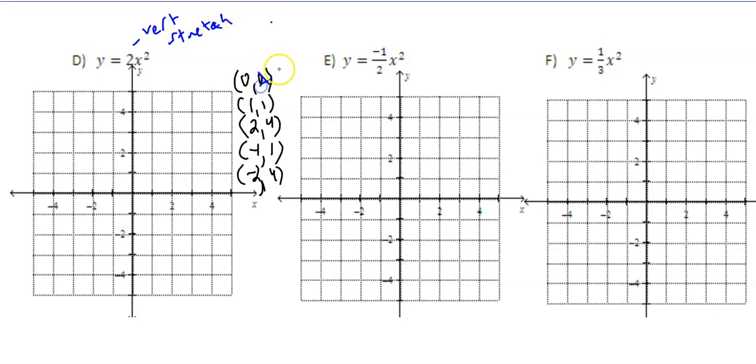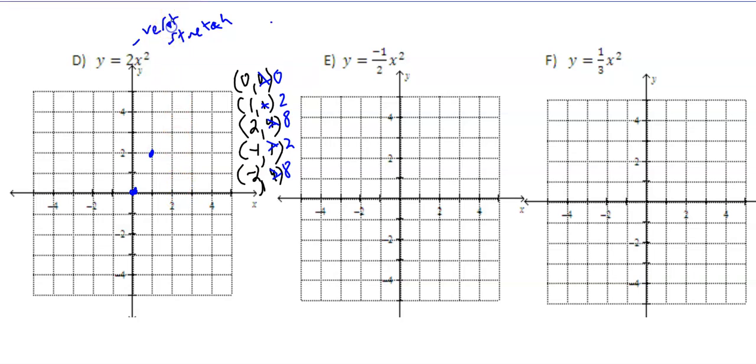So multiply 0 by 2, well, that's still 0. That's 2, that's 8, that's 2, that's 8. Some of these are going to be hard to fit on the screen here. So (0, 0), (1, 2). (2, 8) is somewhere, wow, like way up there.